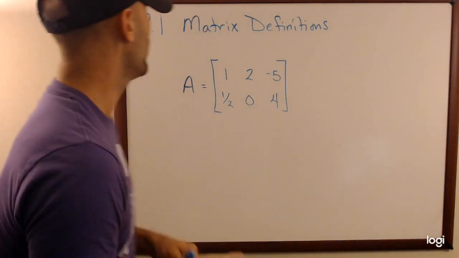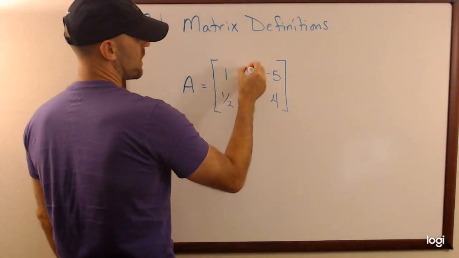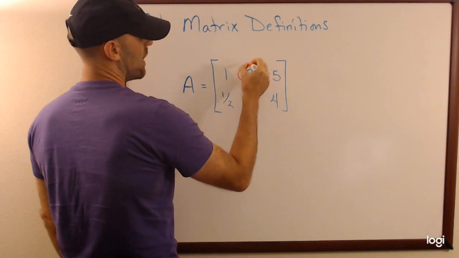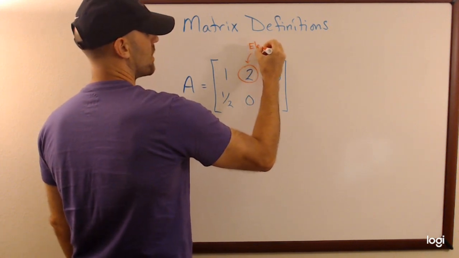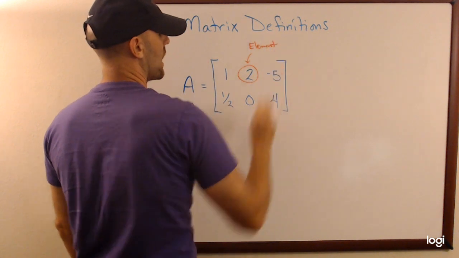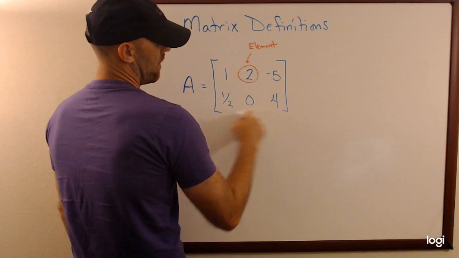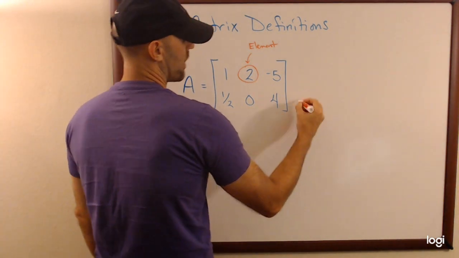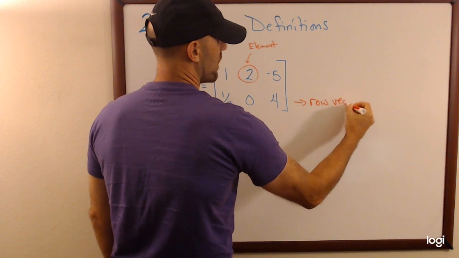We call individual entries here, so let's say this one, the elements. These horizontals obviously are called rows, but specifically these are row vectors.